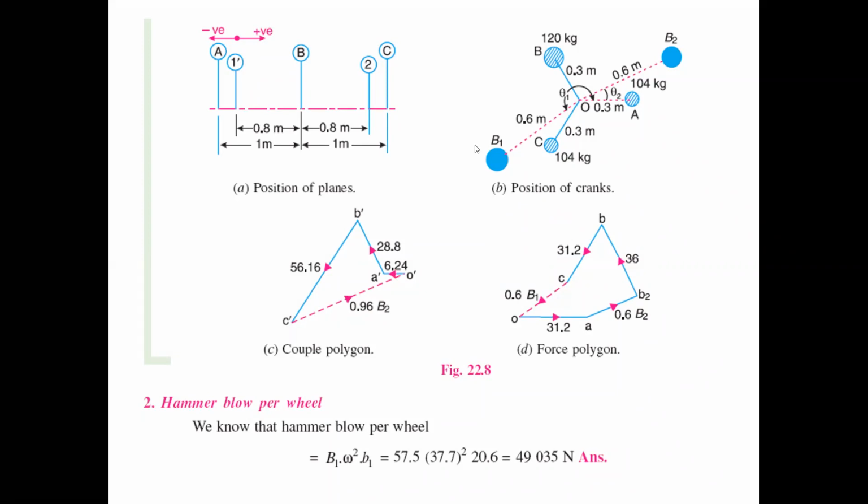All of you draw the diagrams. Figure A and figure B are both drawn with the help of the problem description: the position of the planes and the angular positions of the cranks.